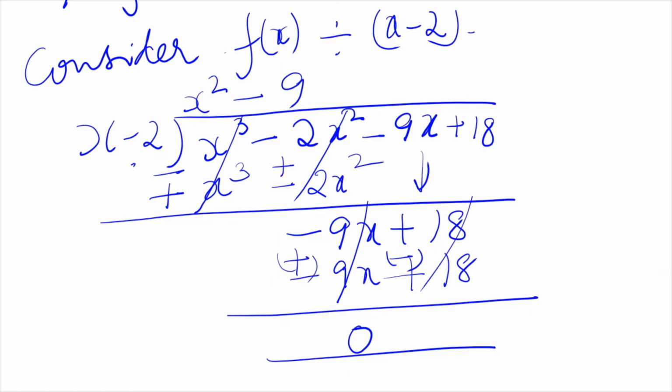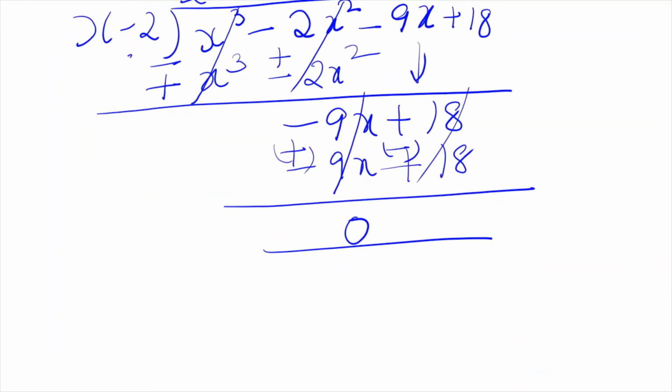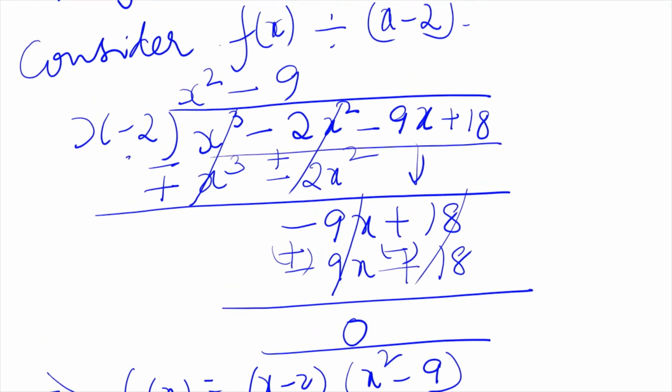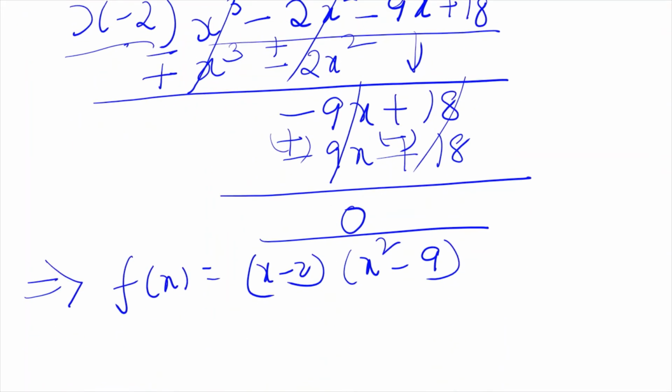So that means x minus 2 and x square minus 9 are both factors of this expression f(x). Okay, but x square minus 9 can be further factorized. So f(x) is equal to x minus 2 into x square minus 9. See, f(x) is the dividend, x minus 2 is the divisor, and x square minus 9 is the quotient. So divisor into quotient will give you the dividend.